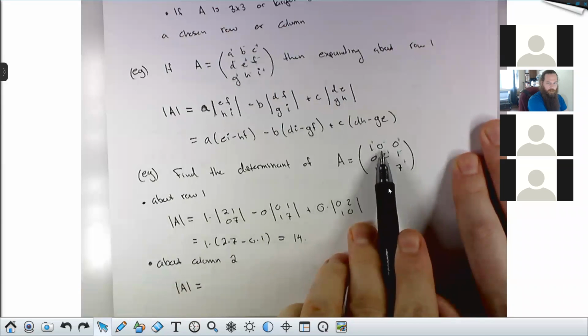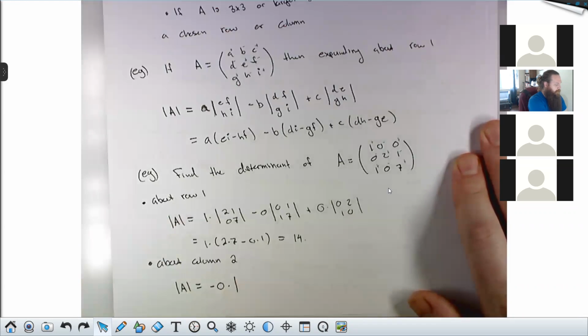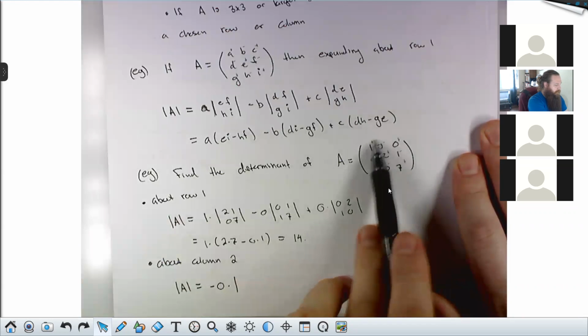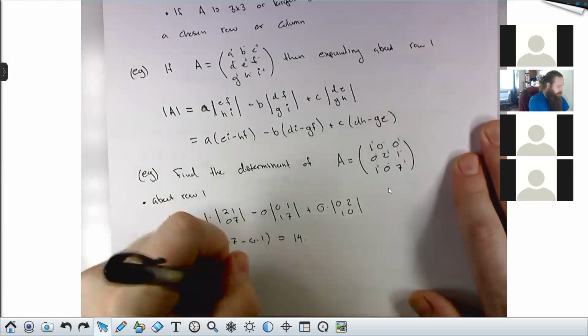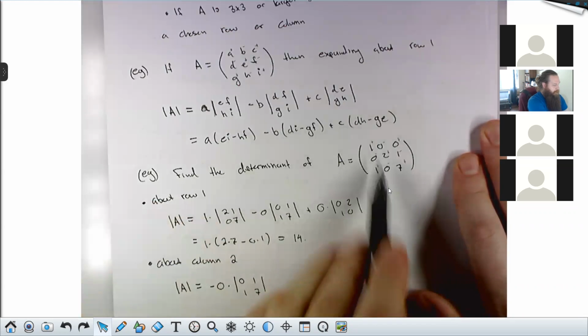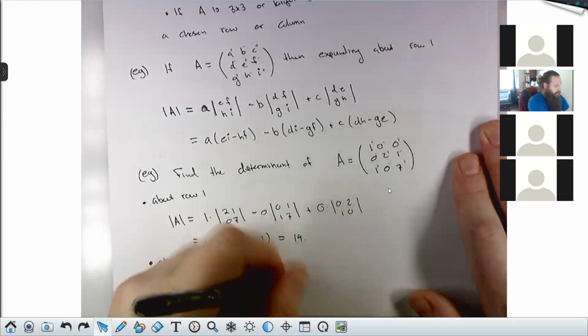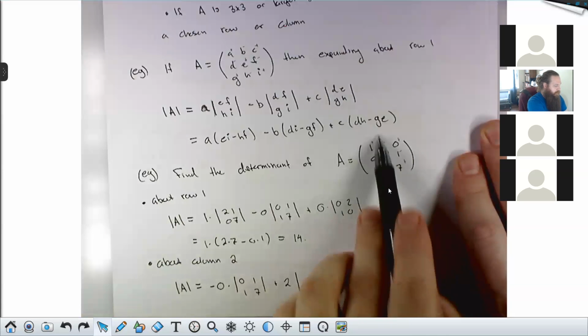My first little cofactor is 0, and it would be negative. So I'll say this would be negative 0 times the little determinant I get by covering up this row and this column. So that would be 0, 1, 1, 7. And then I'm coming down the column. My next one is plus 2 times the little determinant I get covering up this row and this column.